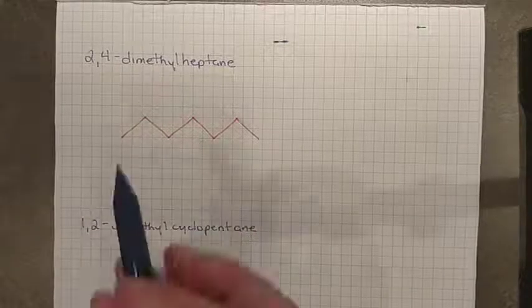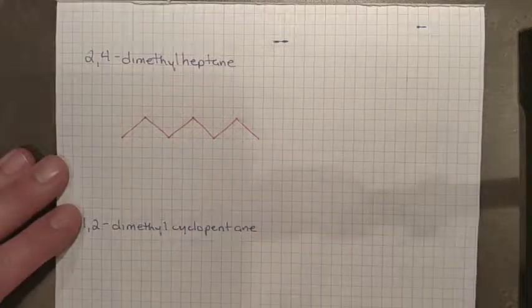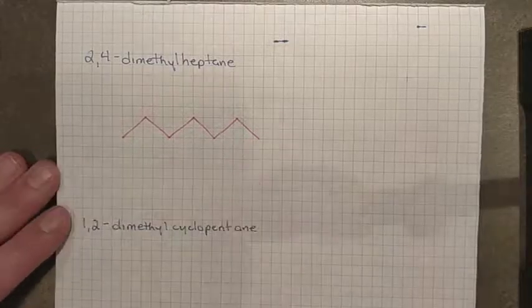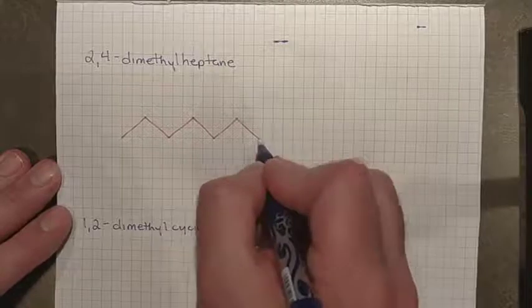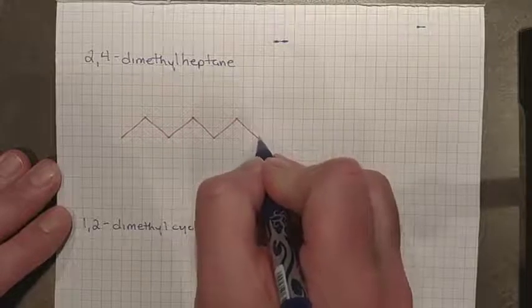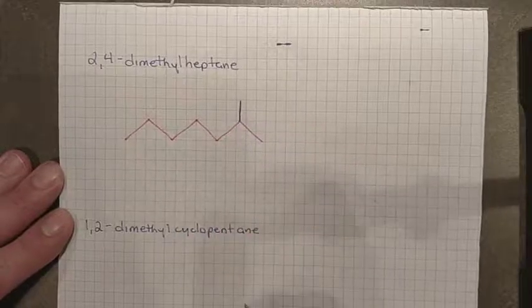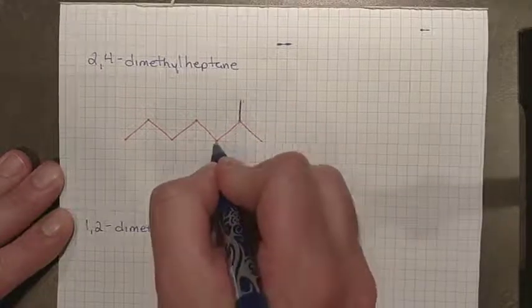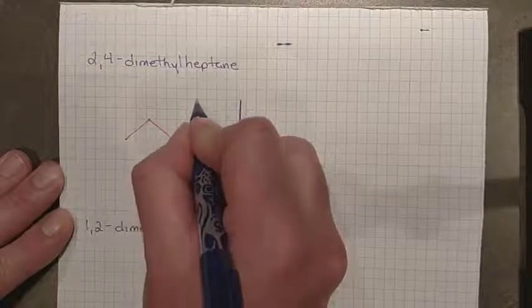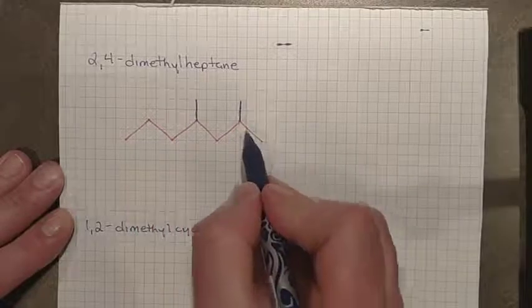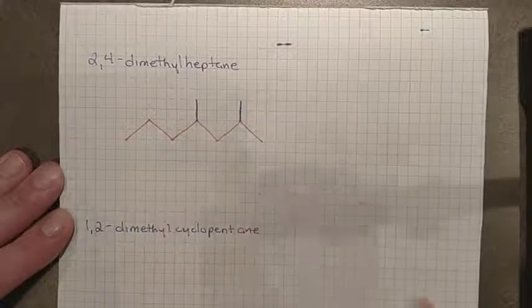So I can draw this either from left to right or right to left, doesn't matter. Please just don't get programmed in left to right. But if this is carbon 1 here, then there is a single 1-carbon branch there, and another one here at carbon 4. 1, 2, 3, 4.